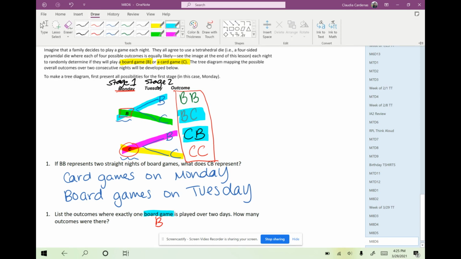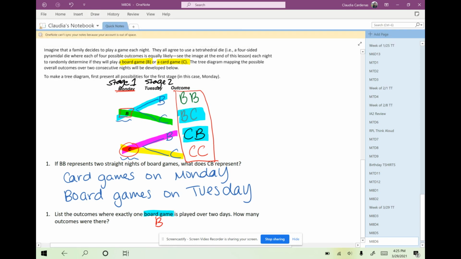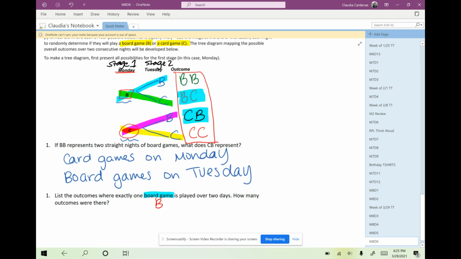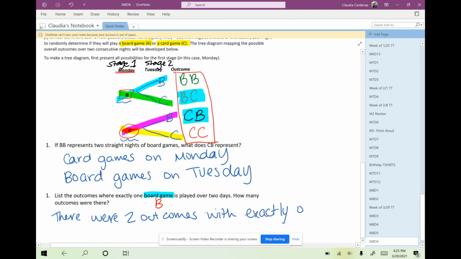It doesn't matter what order, they didn't care about the order, they just wanted to know which outcomes had exactly one board game. How many outcomes were there? There were two outcomes with exactly one board game.